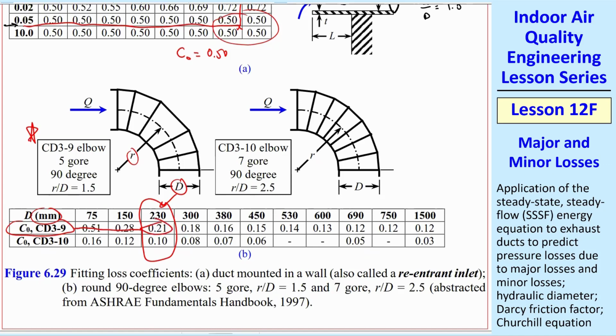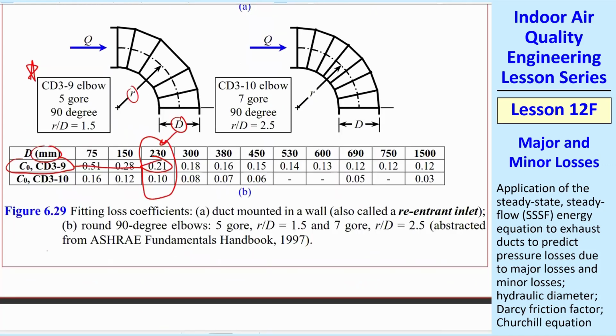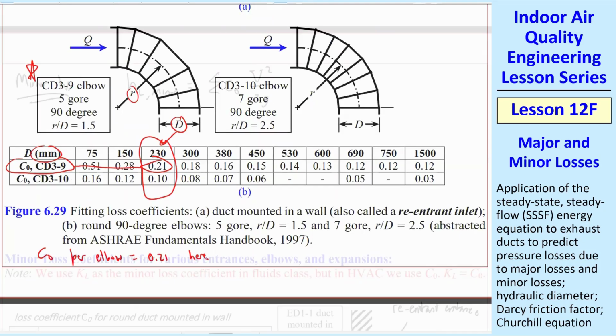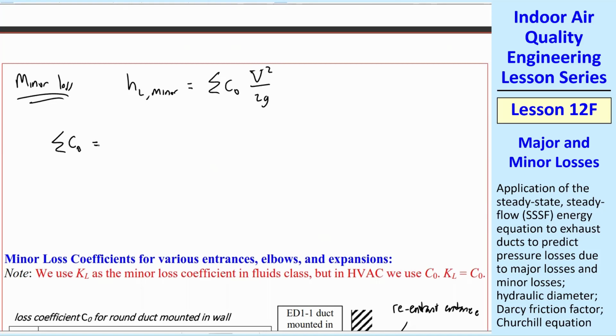And so our value is 0.21. So C_0 per elbow equals 0.21 here. Again, there's no units. These are non-dimensional. Sigma C_0 is equal to 0.50, we said that was for the inlet, plus 3 elbows times 0.21. And so that gives me 1.13.